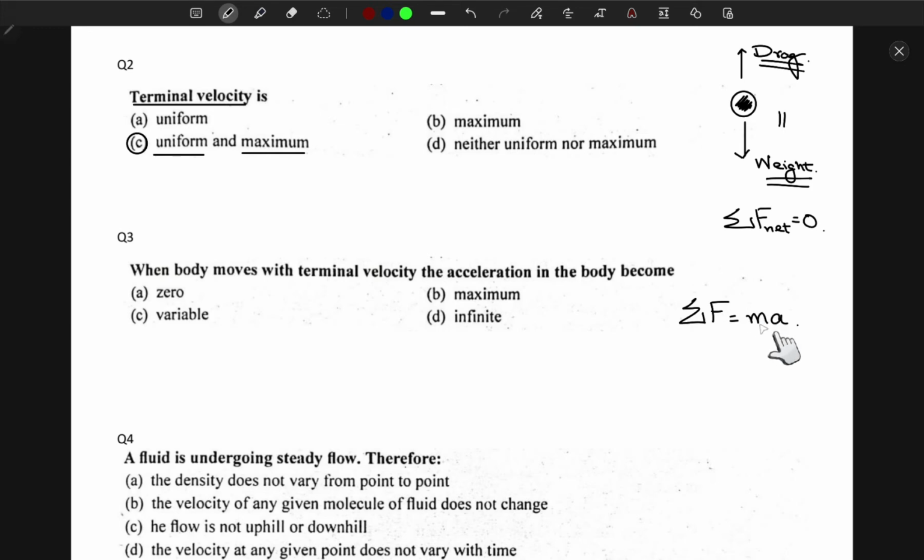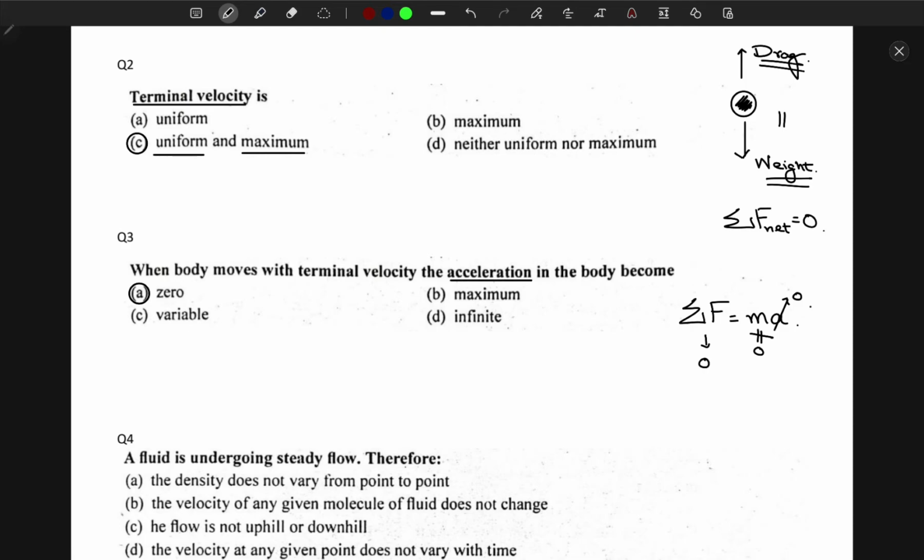The mass is not going to be 0, right? But if the force is 0, that means one of these things has to be 0. So that has to be acceleration, right? And again, because we discussed that the terminal velocity is constant or uniform, the acceleration must vanish. So the acceleration would be 0, and hence the correct option is option A.